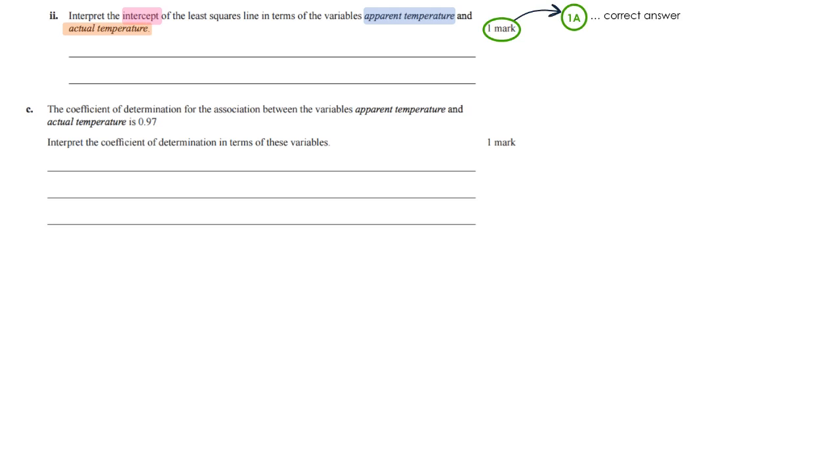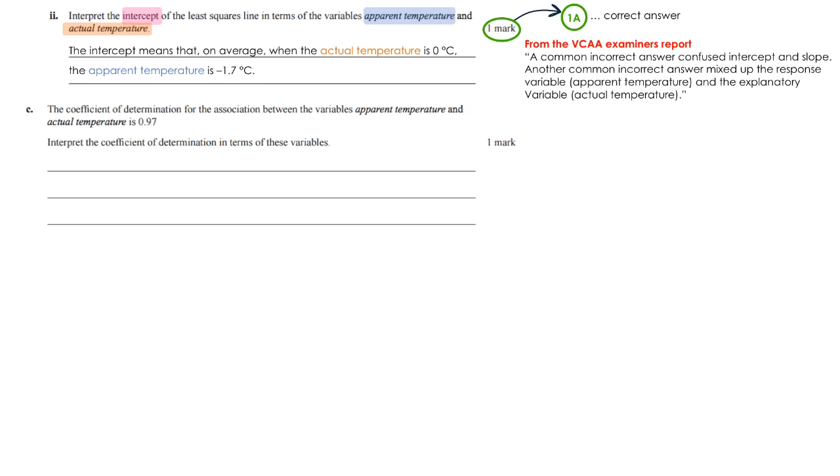From the equation of the least squares line, the intercept means that, on average, when the actual temperature is 0 degrees Celsius, the apparent temperature is negative 1.7 degrees Celsius. From the VCAA examiner's report, a common incorrect answer confused intercept and slope, and another common incorrect answer mixed up the variables.